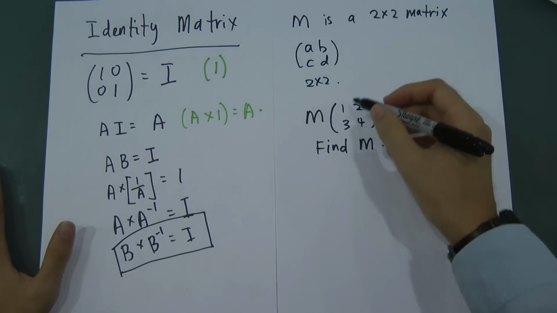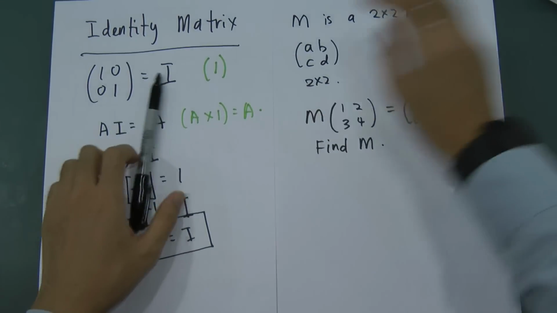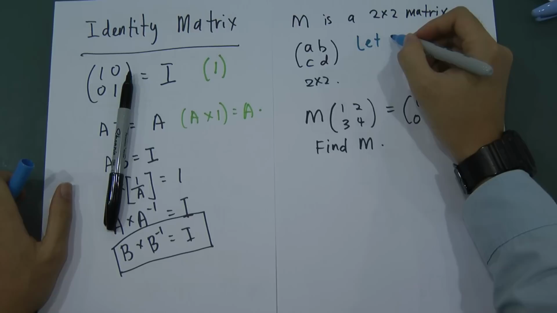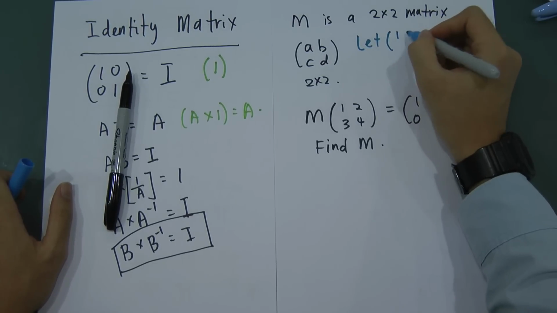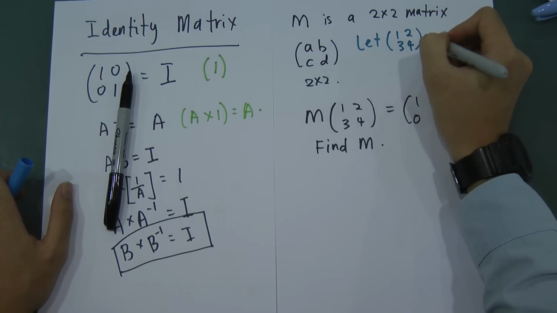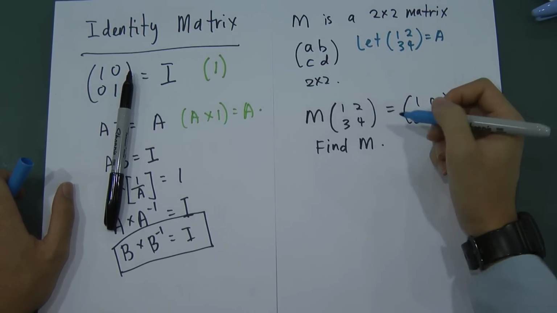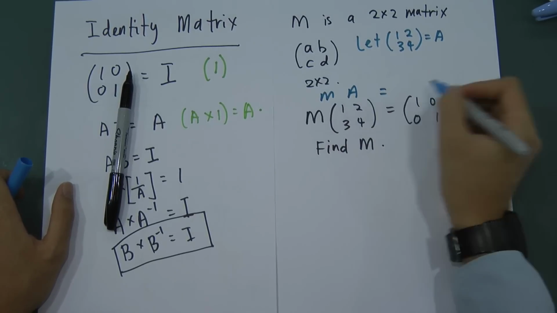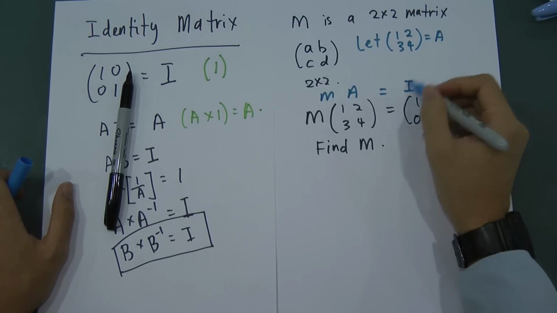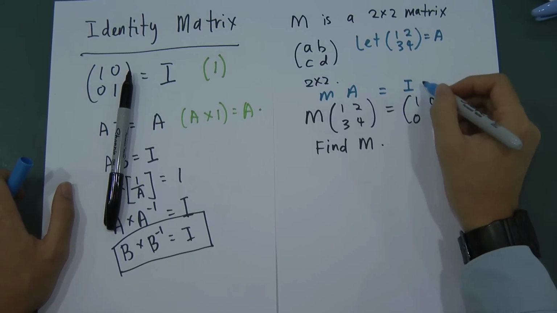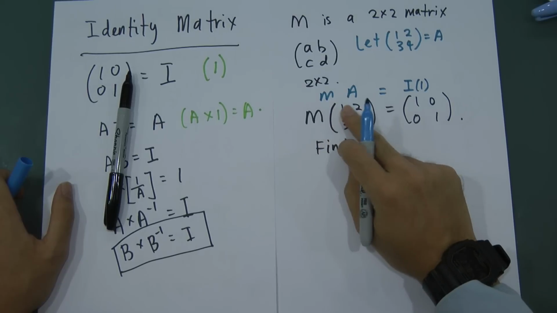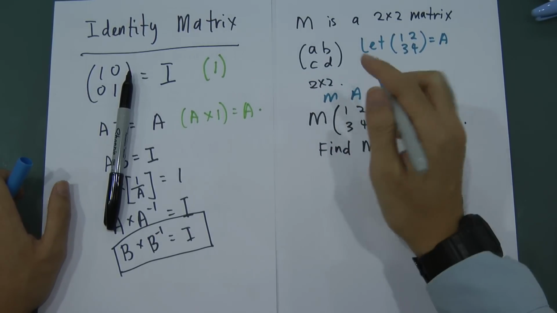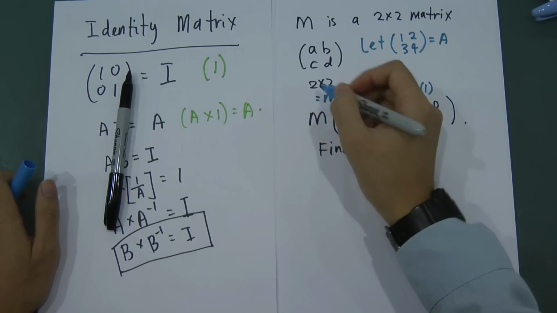Imagine this matrix 1, 2, 3, 4, let's say it equals A. This one we call matrix A. Therefore, if M is multiplied by A, I will get I, meaning I is actually the identity matrix and stands for the meaning of 1. M multiplied by A, I will get 1. So therefore, I know M actually is A inverse.